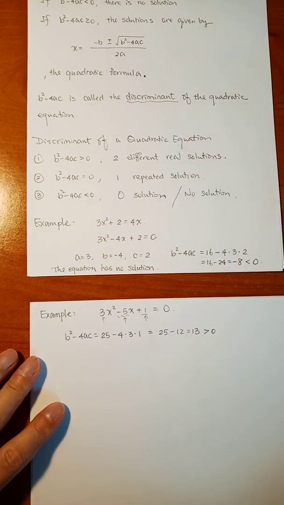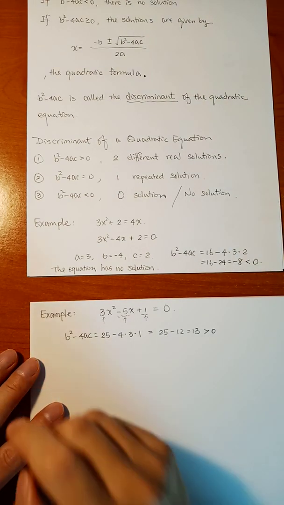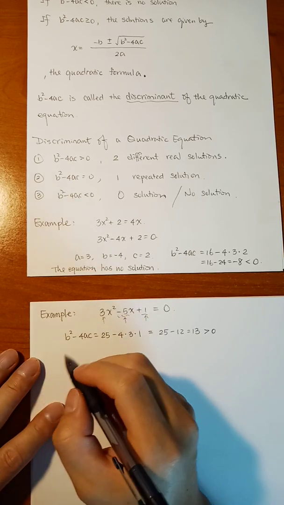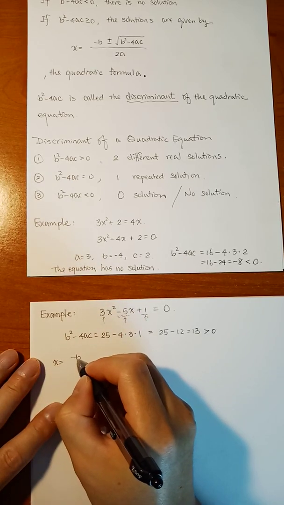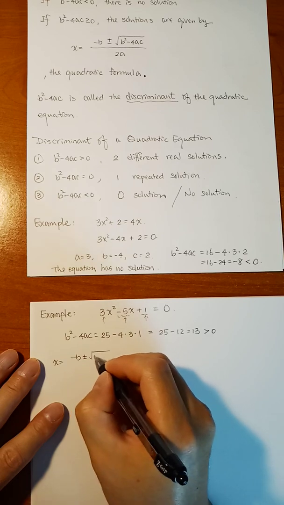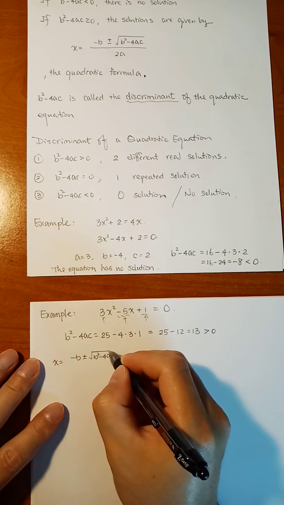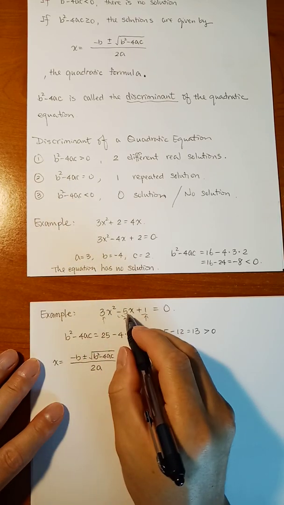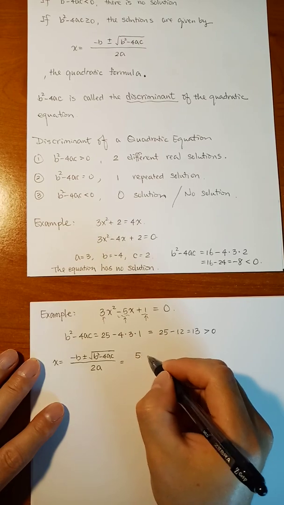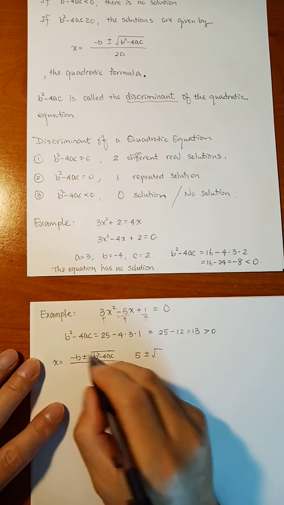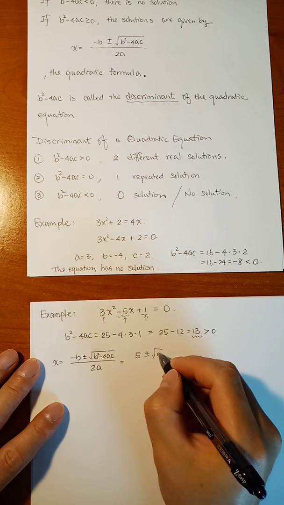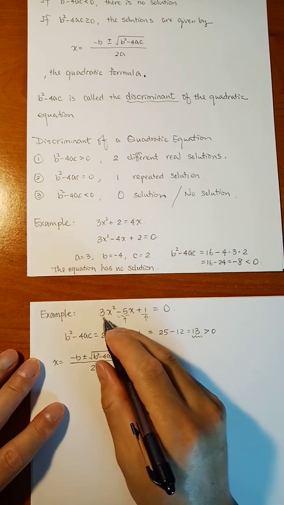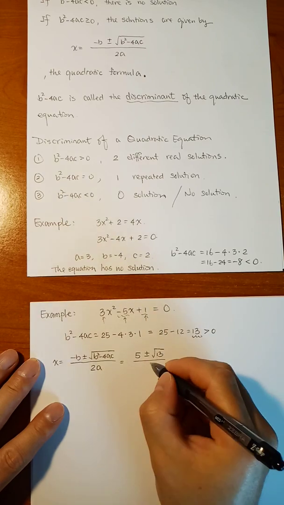When the discriminant is positive, you will have two different real solutions. Then x is negative b plus or minus the square root of b squared minus 4ac over 2a. Remember, b is negative 5, so negative b is positive 5, plus or minus the square root of 13, over 2a. a is 3, so 2a is 6.